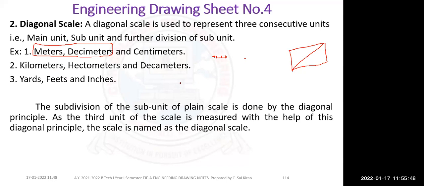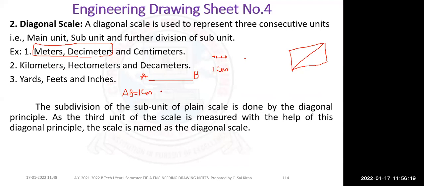Suppose this is 1 centimeter. Can anyone tell me where exactly the half centimeter is? This is point A and point B. AB distance equals 1 centimeter.